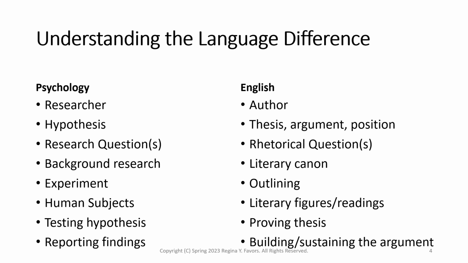Then the psychologist or the sociologist or the biologist will begin any type of research with the goal of creating a hypothesis. For our paper, their hypothesis would be the thesis, argument, or position in our paper, how we represent that particular source within the paper.